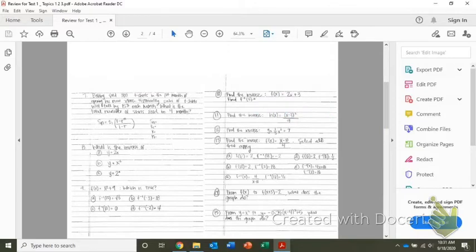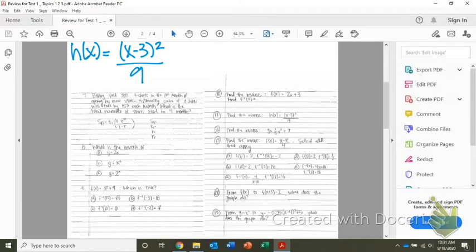All right, number 11. I love this one. So, h of x equals x minus 3 squared divided by 9. Okay?